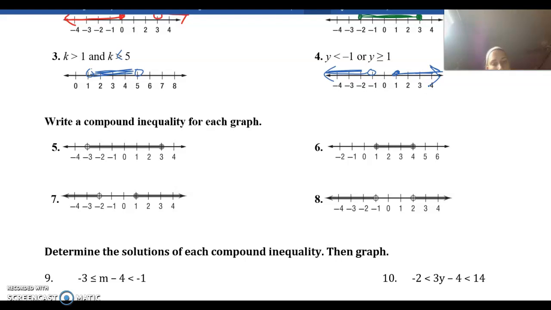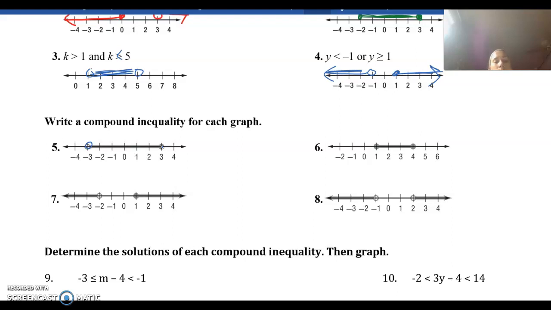All right, so this next section, we are going to be writing the compound inequalities with the graphs that we are given. So for number 5, I see an open circle and a closed circle. We have an open circle here on -3, closed circle on 3.